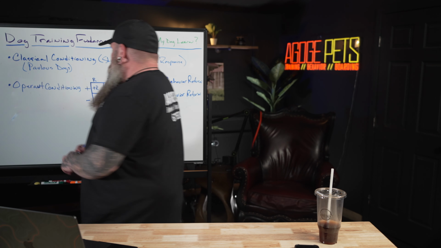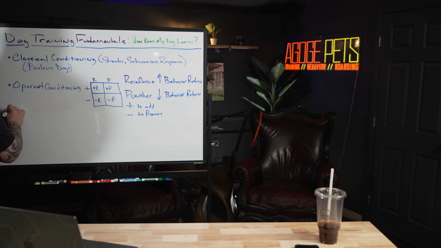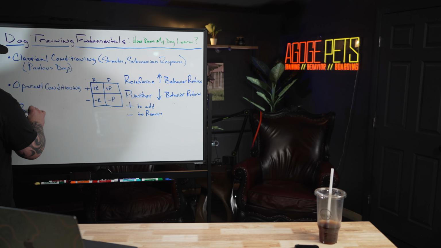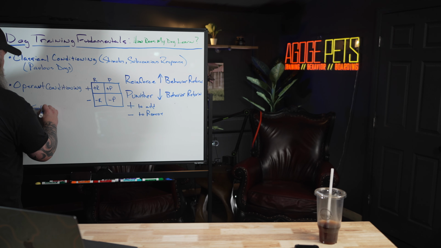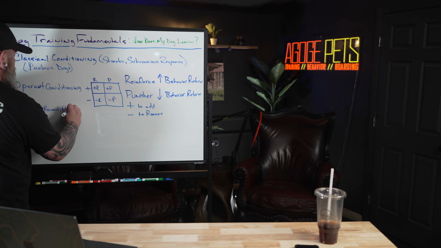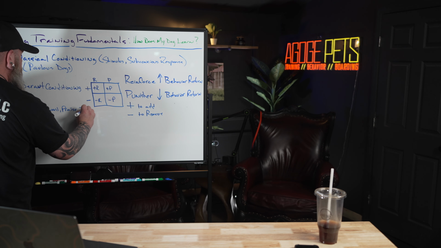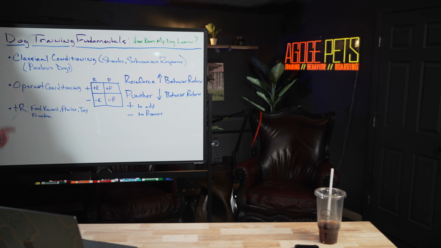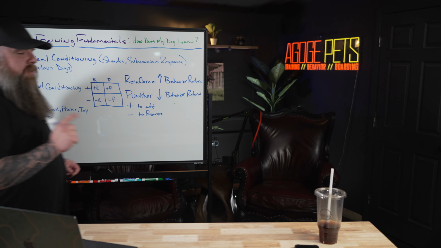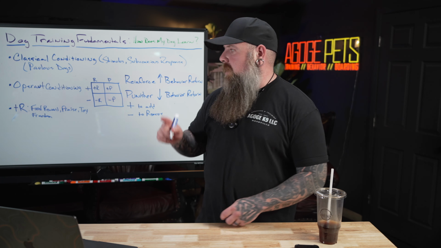So let's give some examples. Let's talk through some examples of plus R, positive reinforcement. Some examples of positive reinforcement are food reward, praise, toy, freedom, and any number of things we can add to the dog in order to increase the likelihood of the behavior returning again.